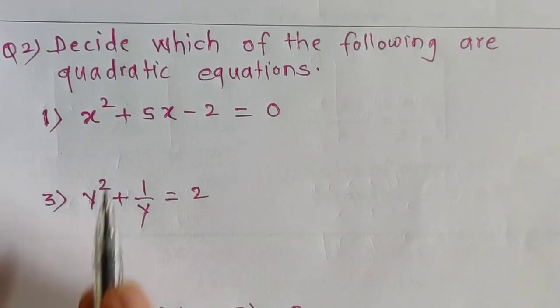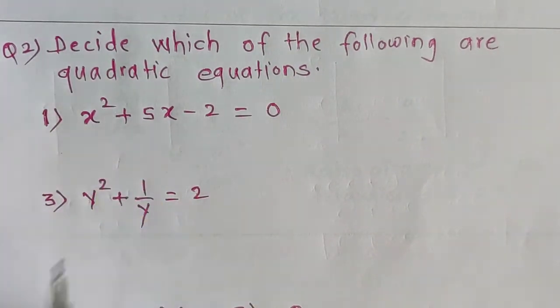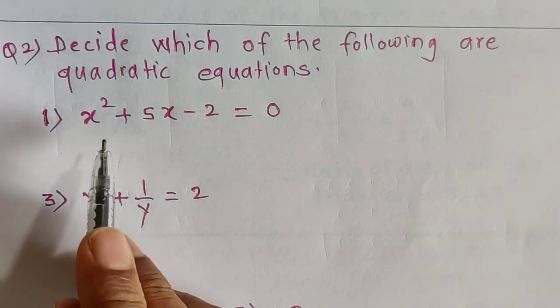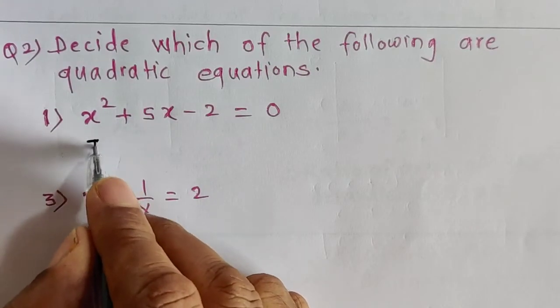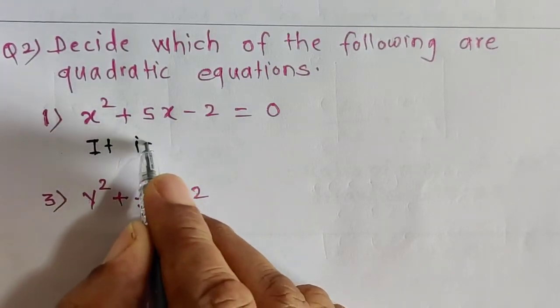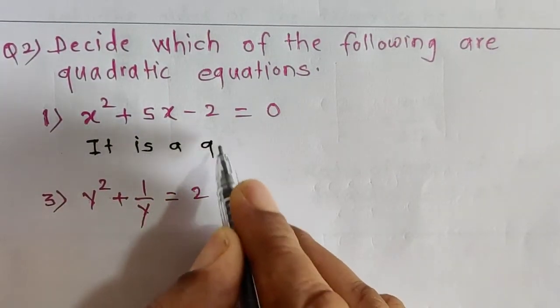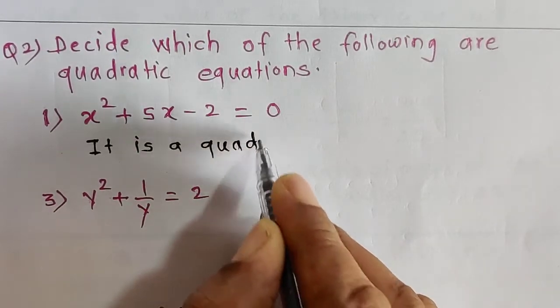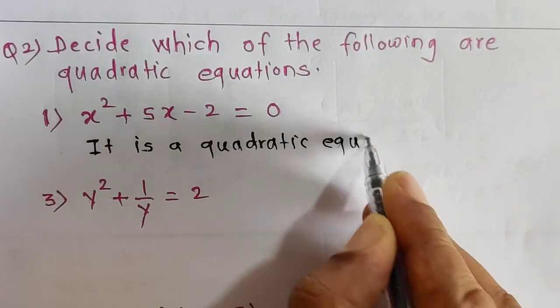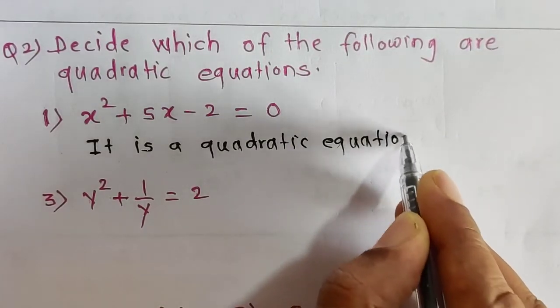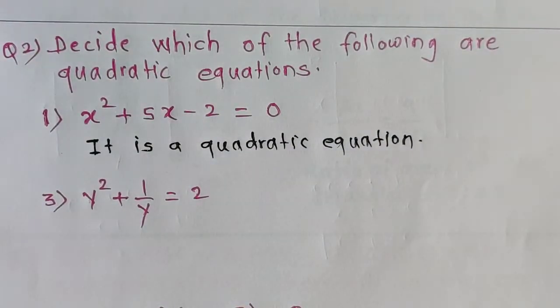Observe the degree of the equation. Here the degree is 2, therefore we can write our answer: it is a quadratic equation, or the given equation is a quadratic equation. That is our answer. We only have to write whether it is a quadratic equation or not.